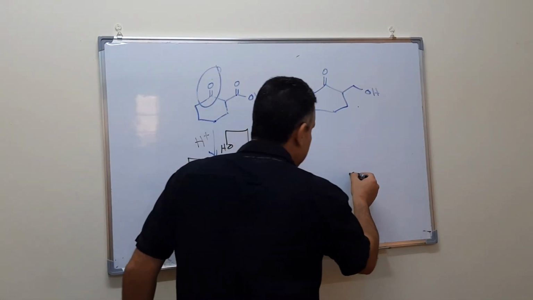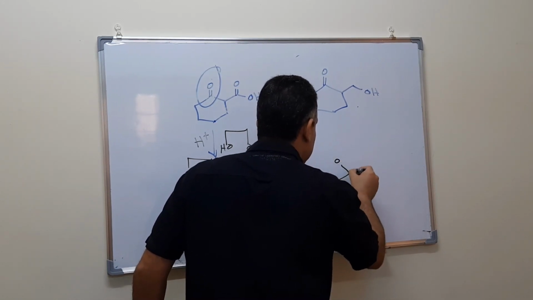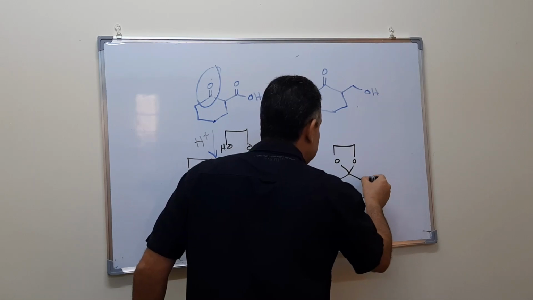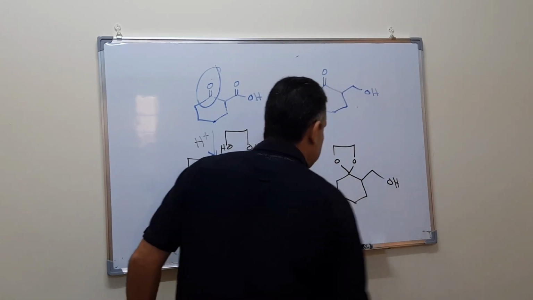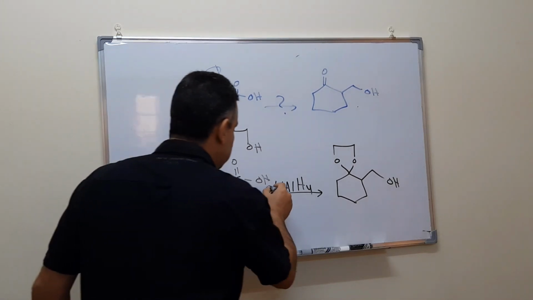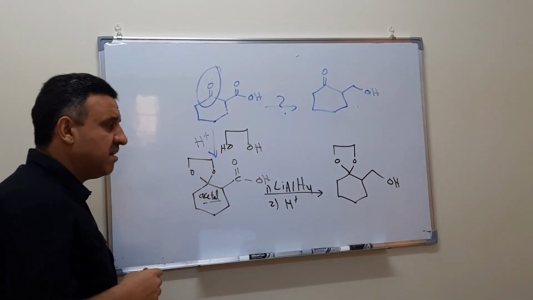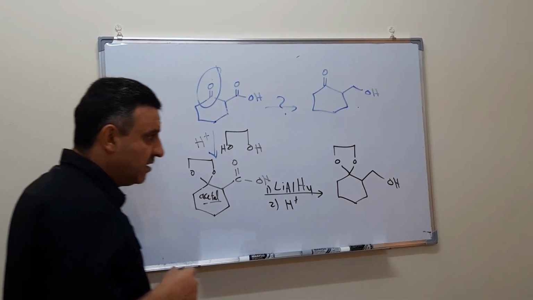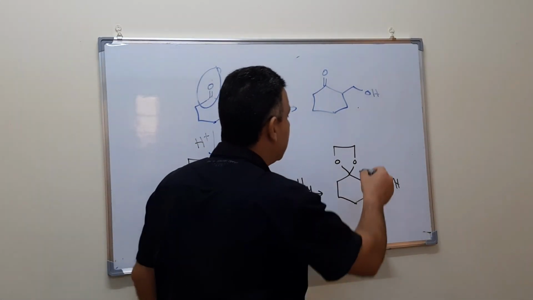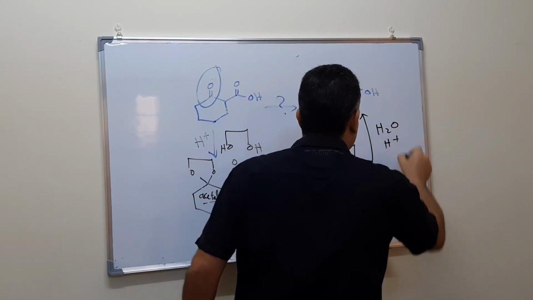The lithium aluminum hydride can now reduce the carboxylic acid and convert it into its corresponding primary alcohol. Of course, this is always after 1 and second with H+. And then finally, we can remove the acetal by just adding excess of water in the presence of H+.